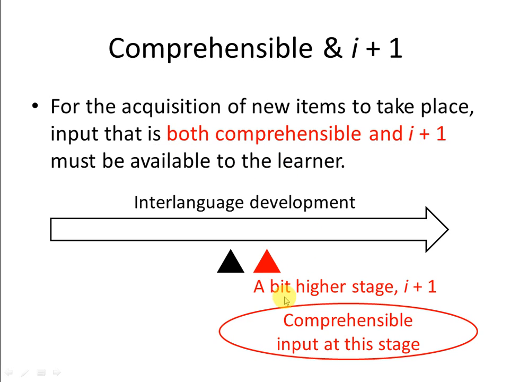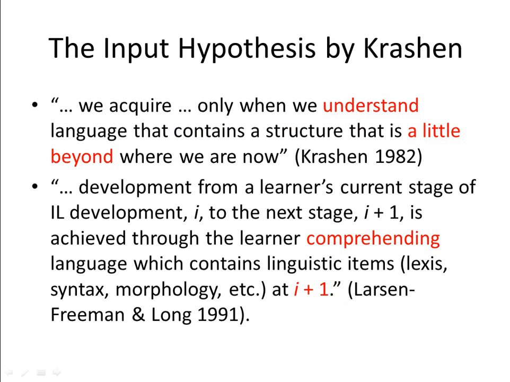Okay, so we need comprehensible input at this stage. That is a bit higher than our current stage, that is I+1 stage. Okay, so this is the essence of the input hypothesis proposed by Krashen.